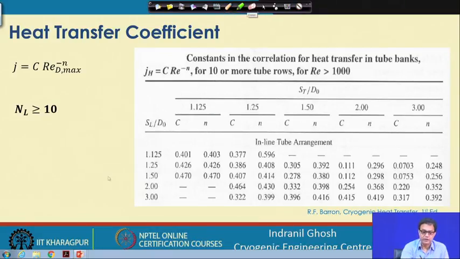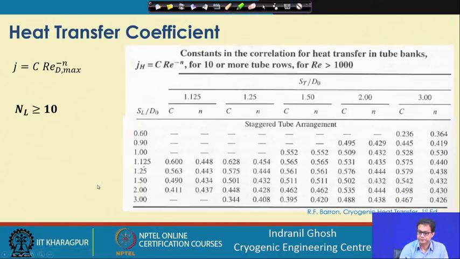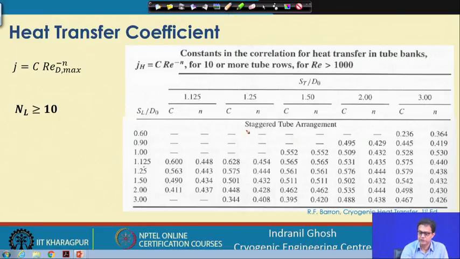For the staggered condition, we have the heat transfer correlations given, again as a function of S_t by d_0 and S_L by d_0. So, here we have some numbers and similar numbers for S_t by d_0. This is the Coleman J factor related to the Reynolds number.